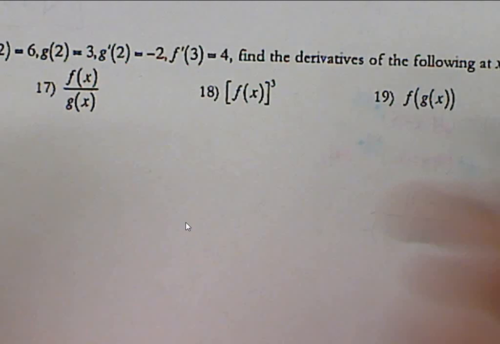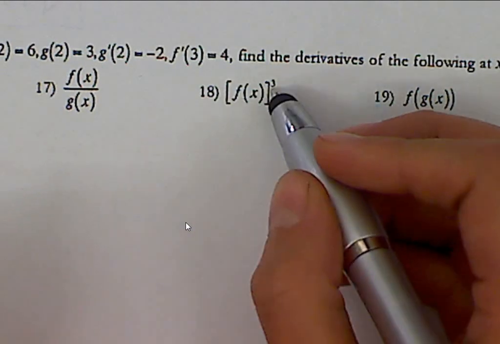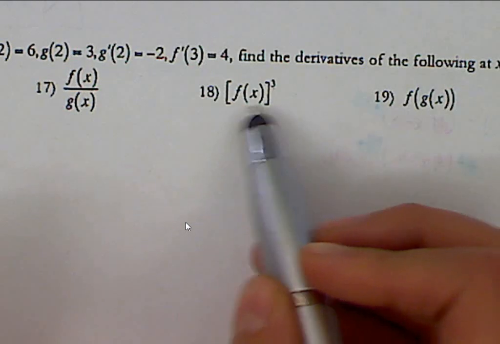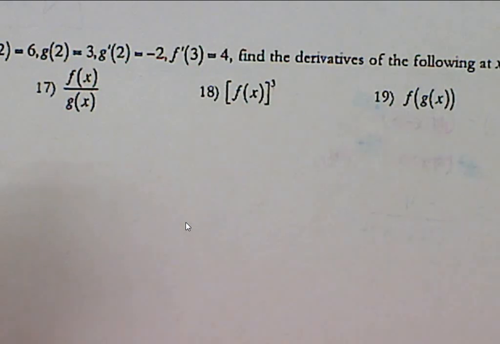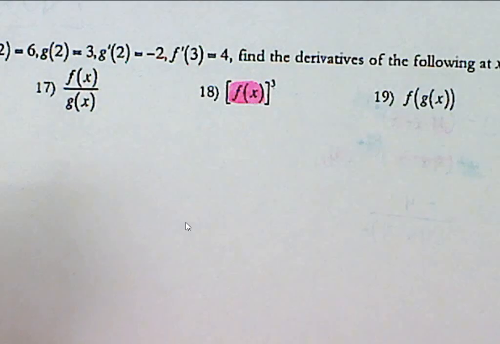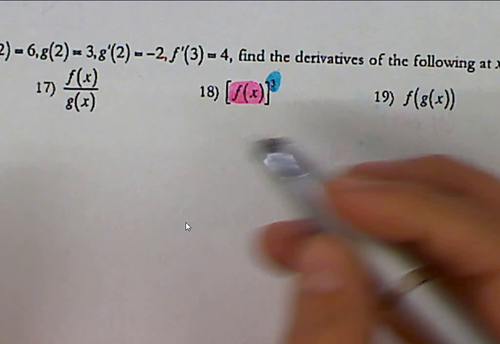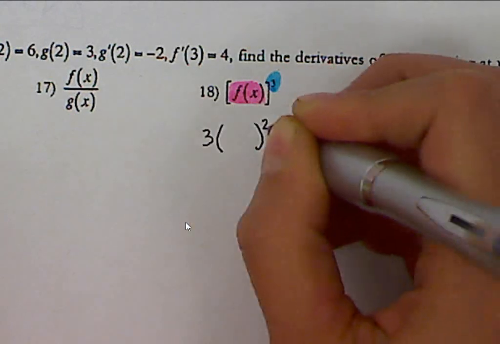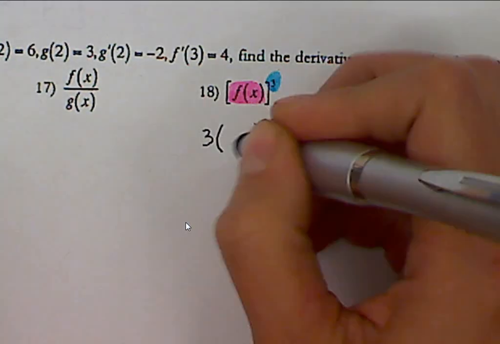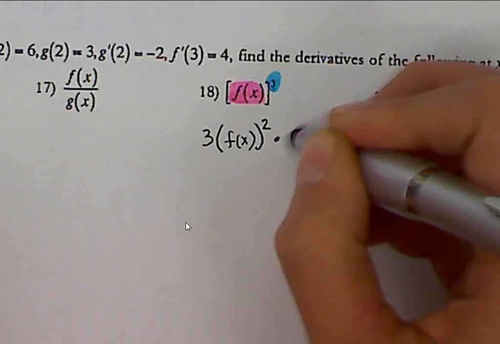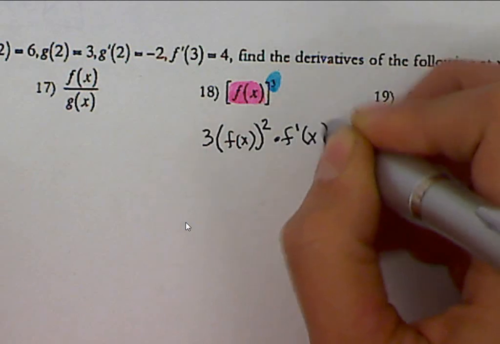I see that I have a function raised to the power of 3. So f of x is actually my inner function, and 3 is my outer function. So if I'm color coding, f of x is on the inside, 3 is on the outside. So when I do my derivative rule, I take the derivative of the outside, which is 3, and the power changes to 2. The inside is going to stay the same, times the derivative on the inside, which is f prime of x.